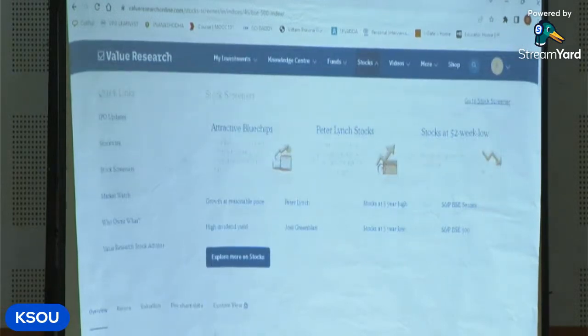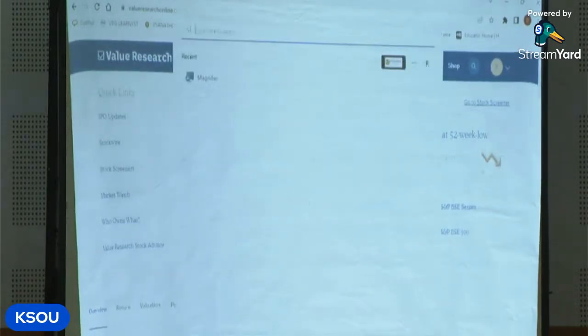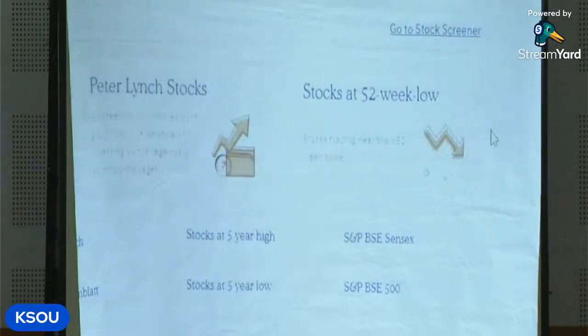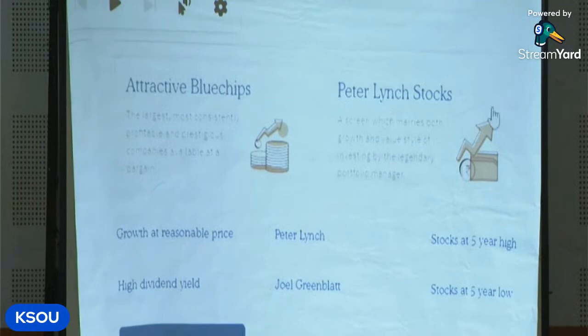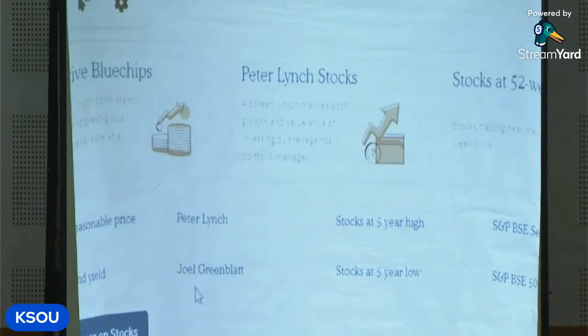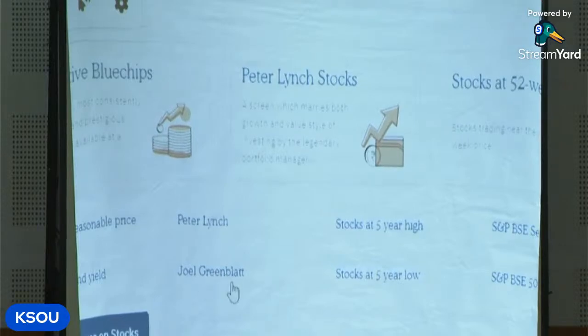So just to show those who can see, 1 second, let's get the magnifier. Can you see? Peter Lynch stocks. There is one more, Joel Greenblatt.